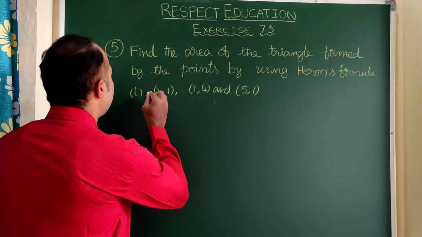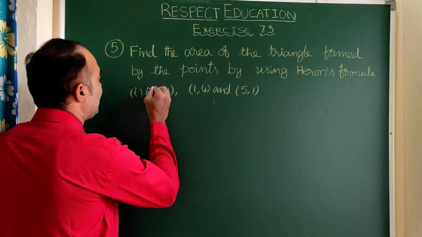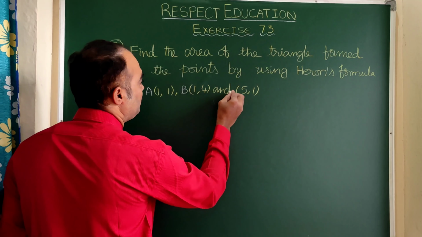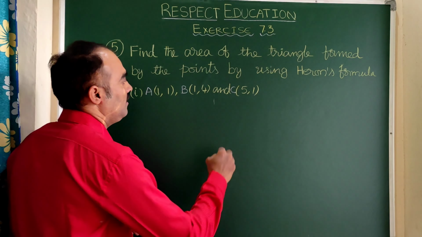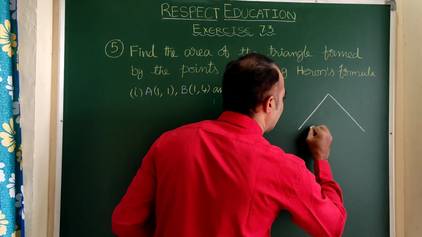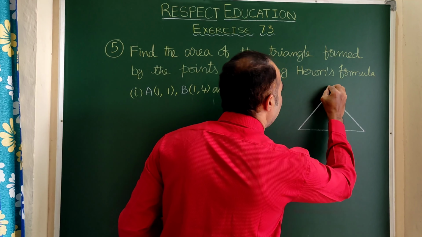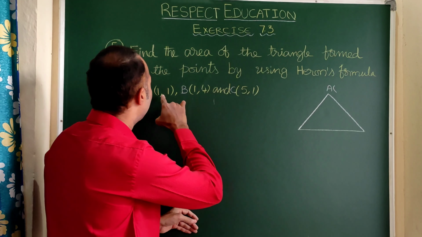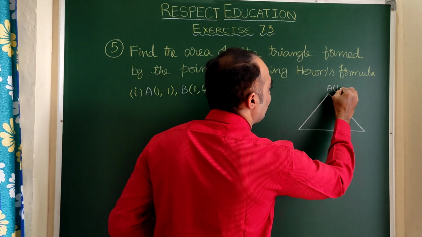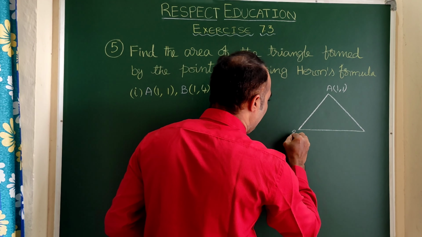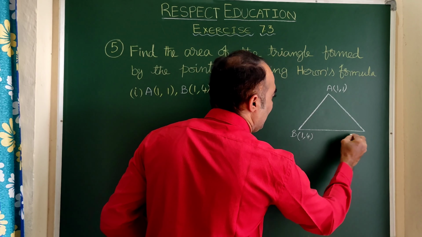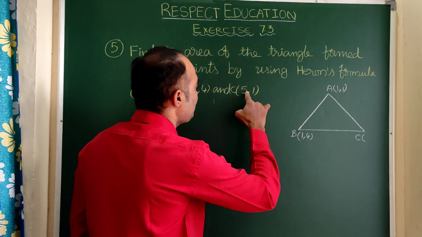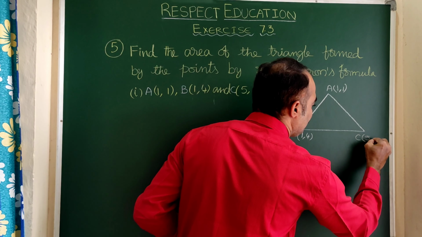So here let us label these points, first one as A, second one as B and third one as C. Let us draw a rough diagram which indicates the triangle ABC. Here I am taking A as (1, 1), B as (1, 4) and C as (5, 1).